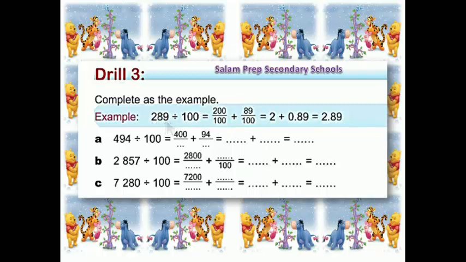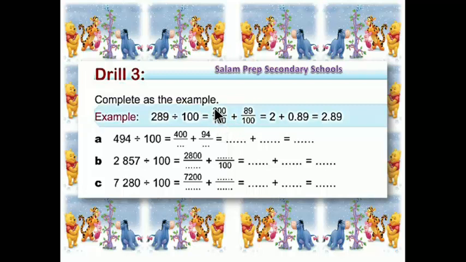but take care. The number has 2 zeros also, like this. We can expand 289 to 200 plus 89. 200 over 100. Take care.